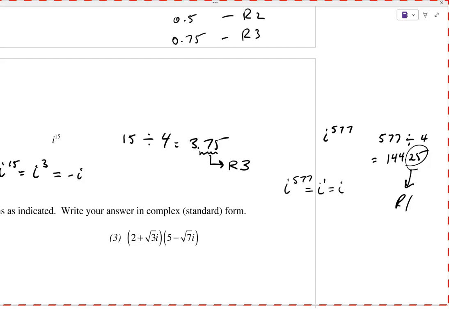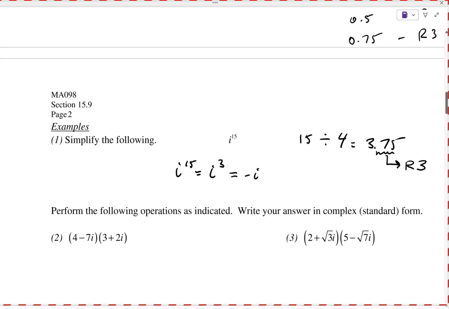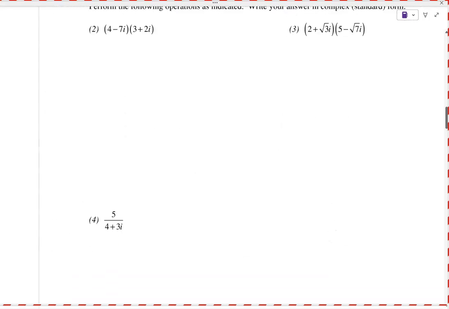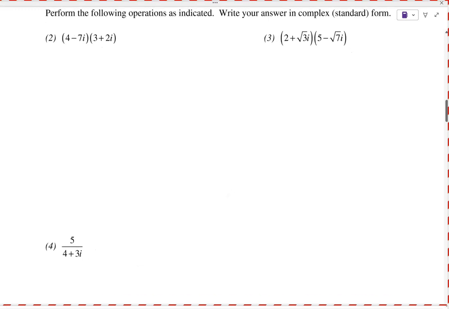All right. So let's see if we can do a couple more examples here, and then I'll turn you loose on your worksheet. Okay, so we got a couple of multiplication problems here.